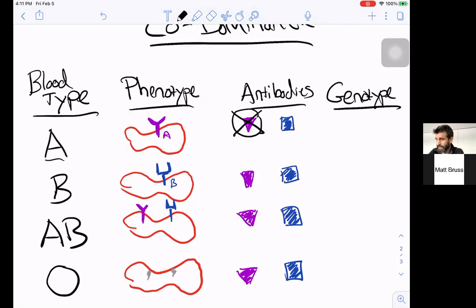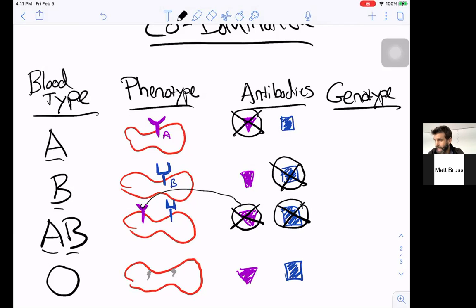The same thing is true if we're type B: we do not want to produce the B antibodies. And if we're AB, we don't produce either of the antibodies, because that would be problematic. They would bind and lead to the destruction of our own red blood cells.